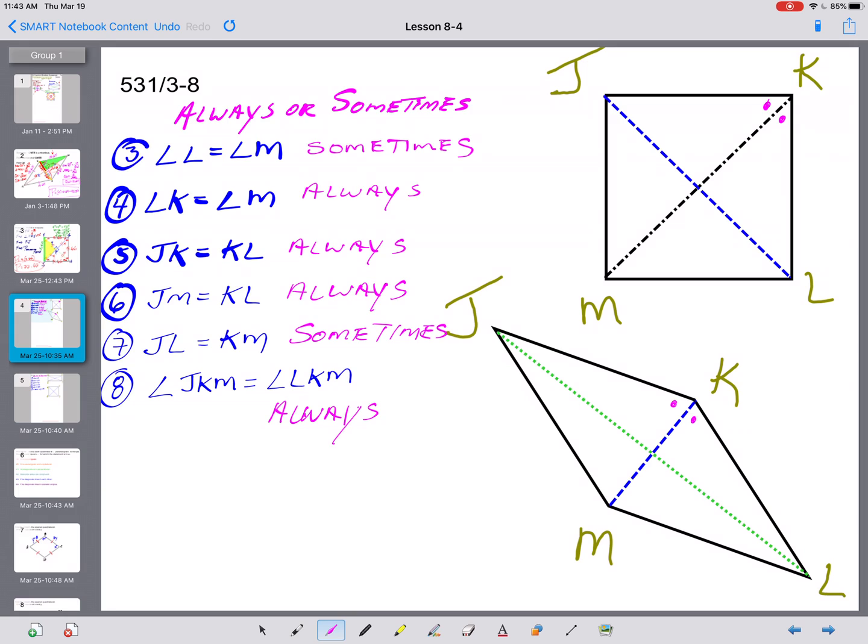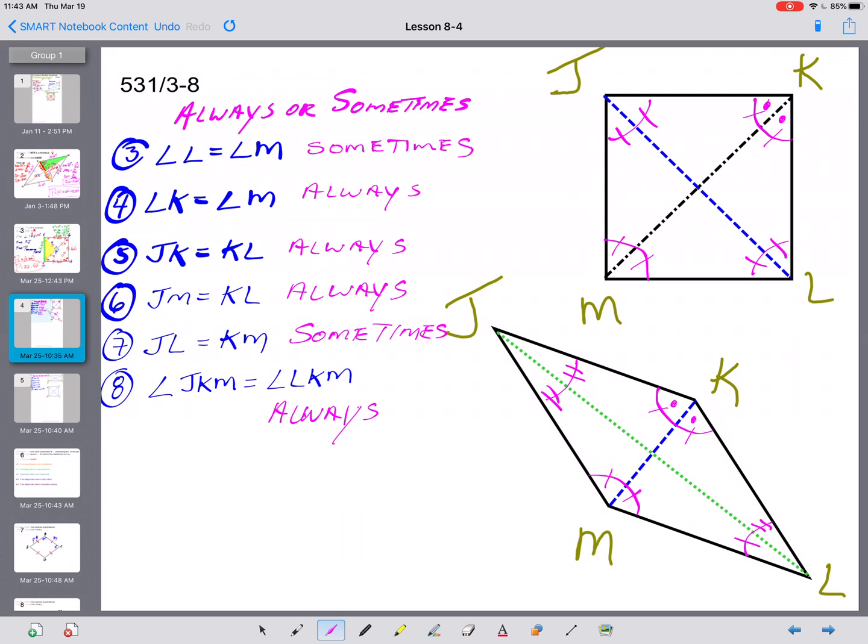Because in a rhombus, one of the properties was that the diagonals bisect the angle. Just like down here, that gets cut in half. This one would be different, but it still gets cut. Yes, number 8 was always true.